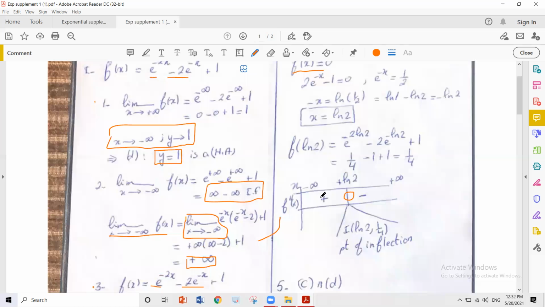Here f double prime of x is positive, then negative, so the point I (ln 2, 1 over 4) is a point of inflection. It only matters that it is above or below zero on each side; it is a point of inflection, not a position.